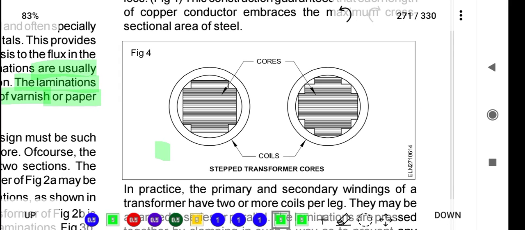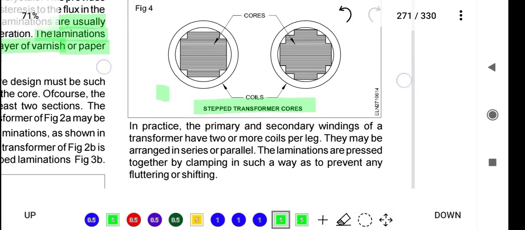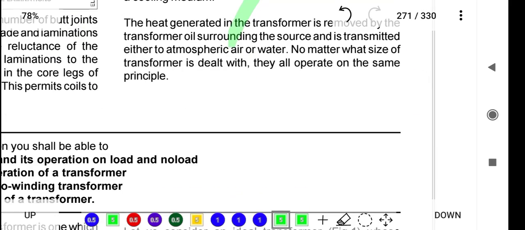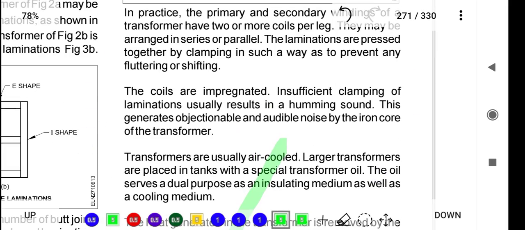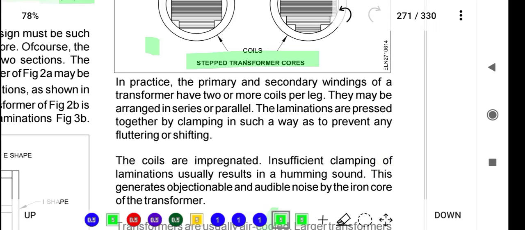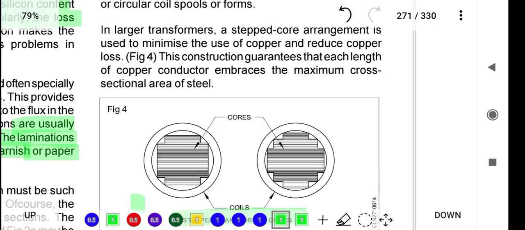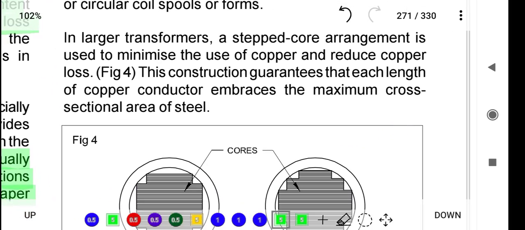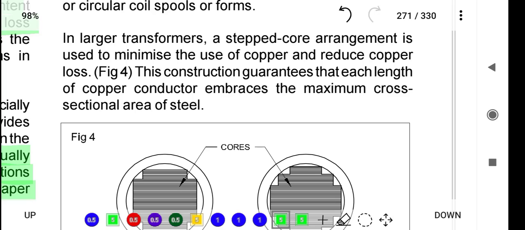Stepped core transformer. In the exam the question will come like this: why stepped core, where are stepped core transformers used? See here, in large transformers a stepped core arrangement is used to minimize the use of copper and to reduce the copper loss.